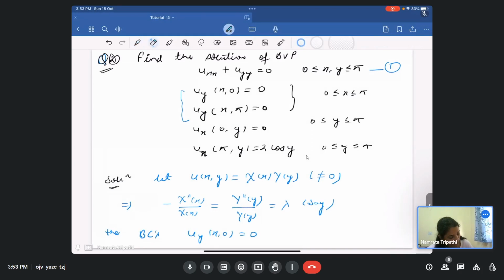Okay, with the help of the boundary conditions, you will get y dash 0 and y dash pi equal to 0. Fine. Is it clear?